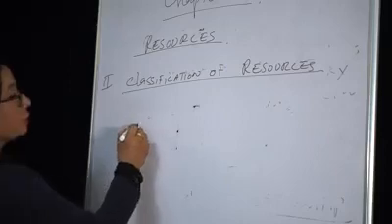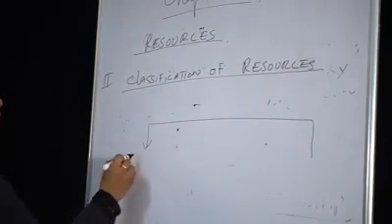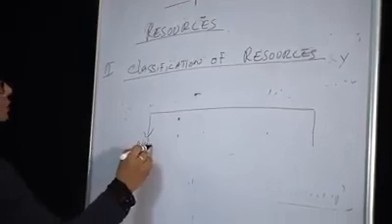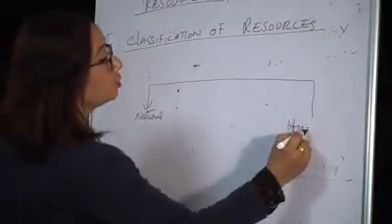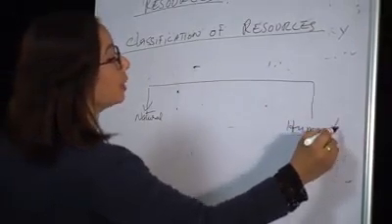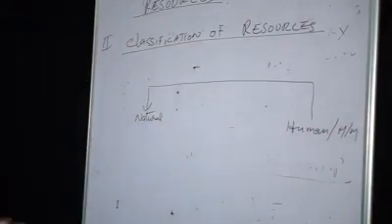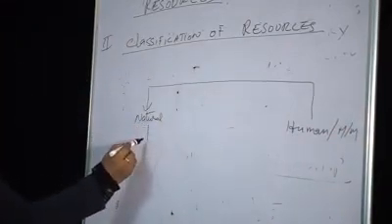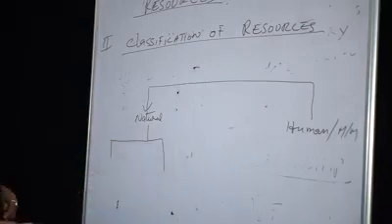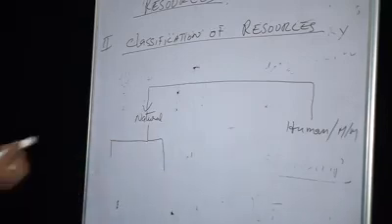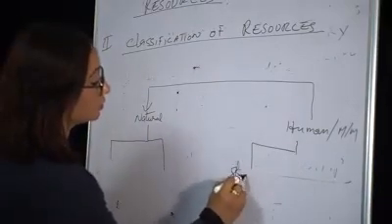We first have resources, that is, here we take it as natural, and here we take it as human. Human means man-made. I'm writing in short. Natural, and human as structures and institutions.